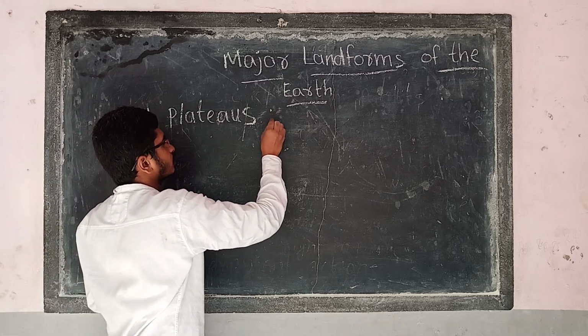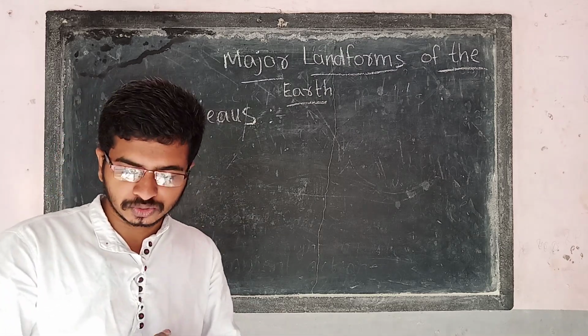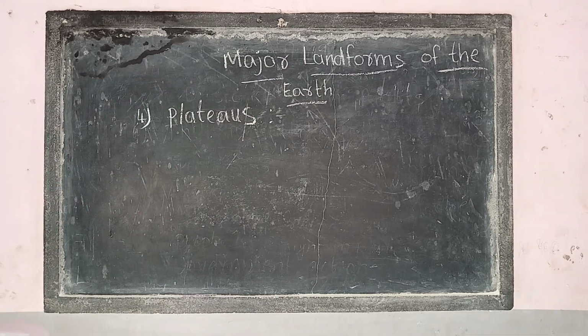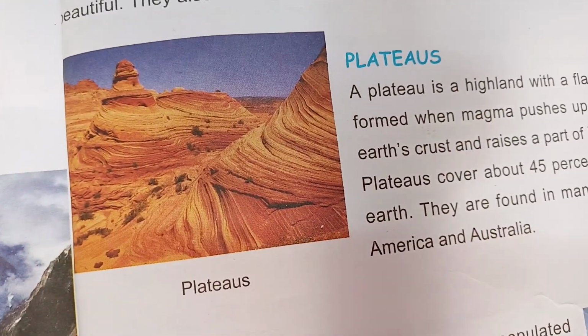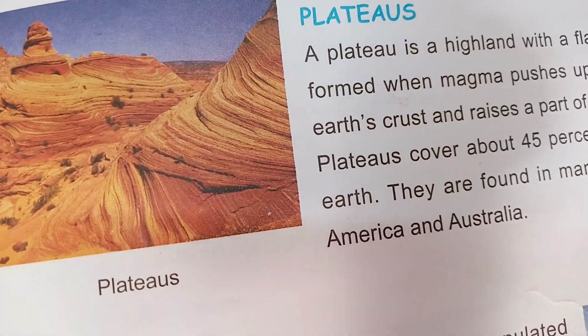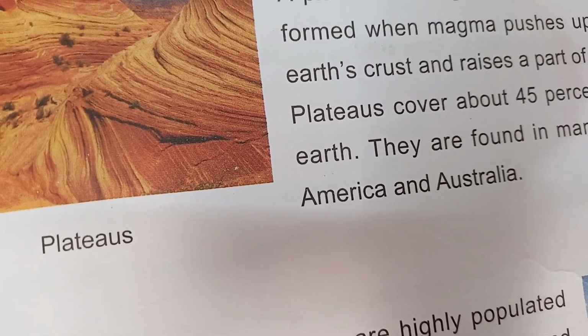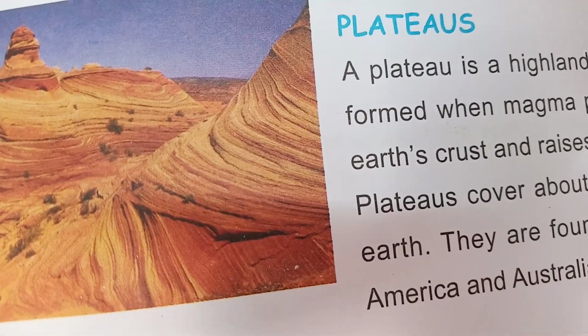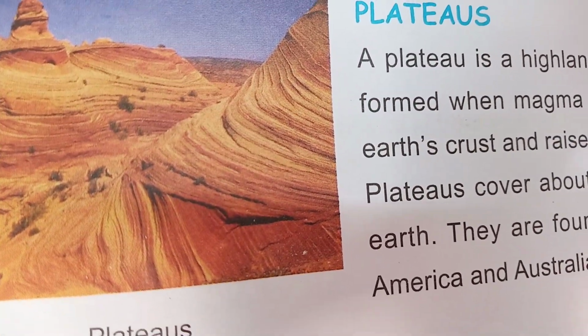So what is plateaus? You can see the picture first, so that you can get an idea. Here this is a plateau. Clear? Above the land it is there. Above the land, it is not a flat surface.